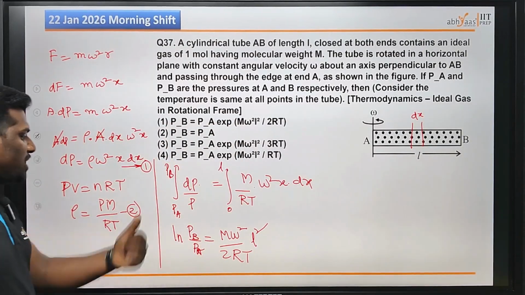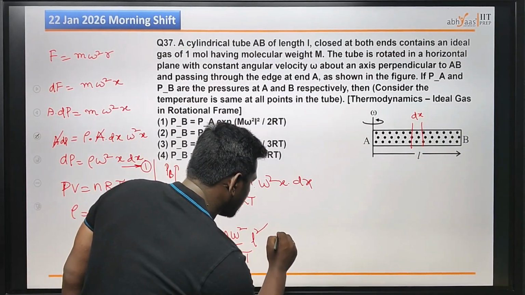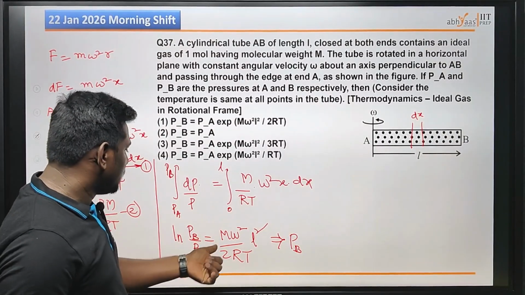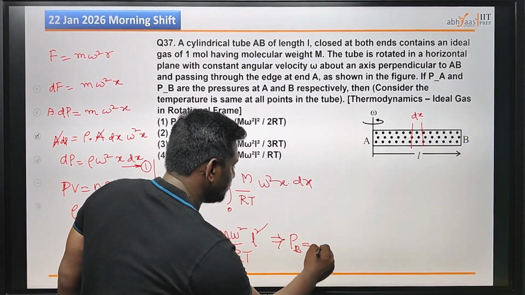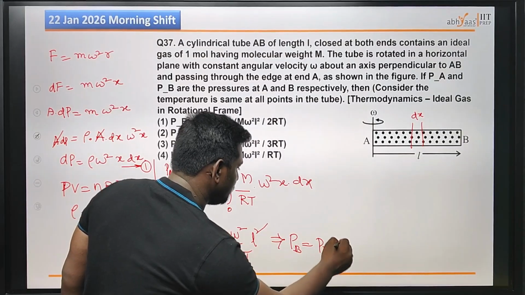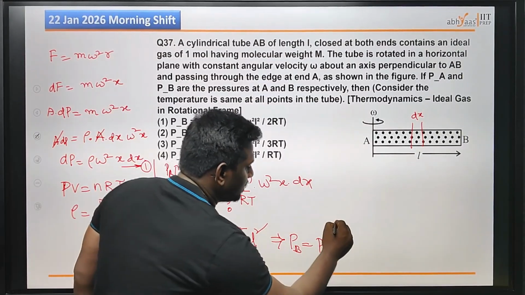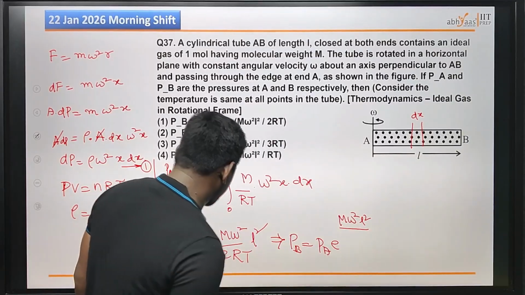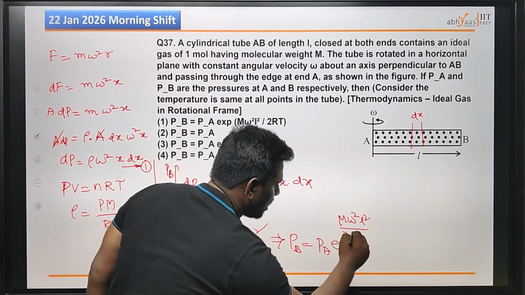So what you have to find? PB. So PB can be written as PA e to the power m omega square L square by 2RT.